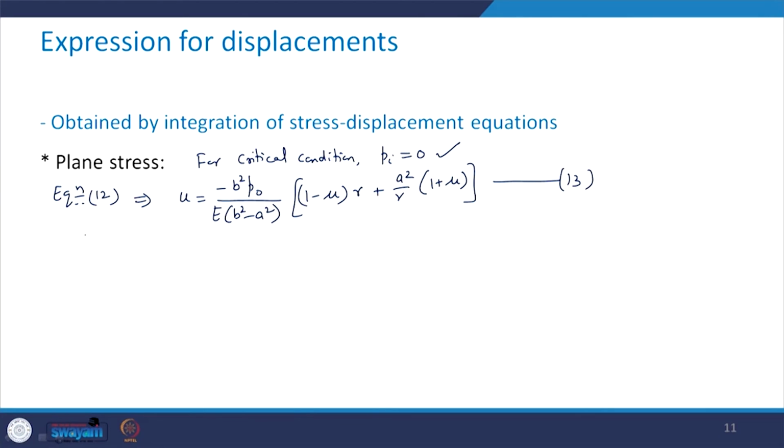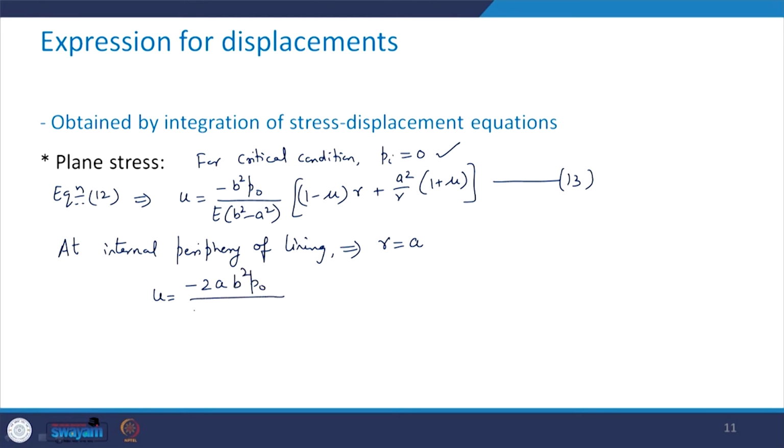And at the internal periphery of the lining, what does this mean? What will be the value of r? This will be equal to a. So, simply this u will become minus 2 a b square p naught divided by E times (b square minus a square). Equation number 14.